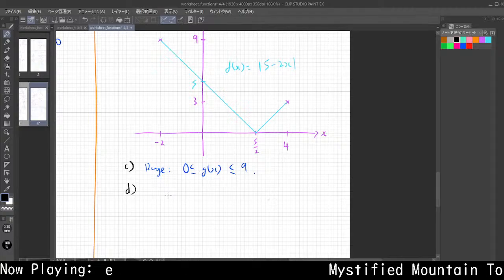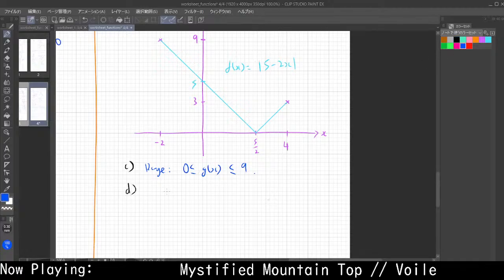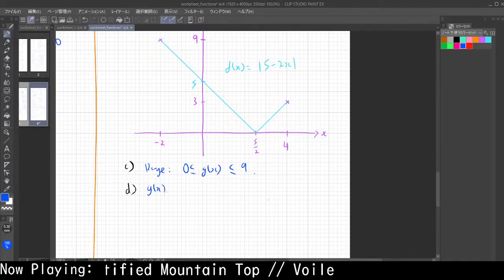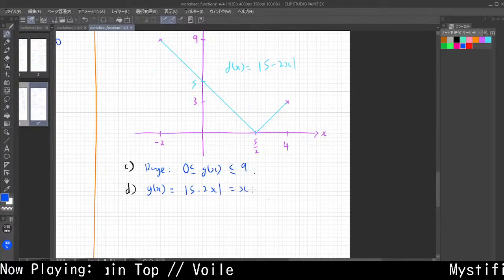D, find the value of x when gx maps to itself. So we want to find the x such that gx, being equal to absolute value of 5 minus 2x, will map to itself.